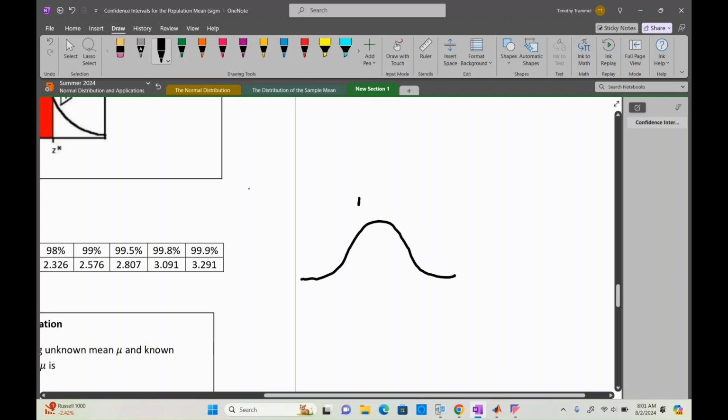So if I want to contain the middle 80% of the data, let's try to visualize that. I just want this to look a little bit neater. I guess that's good enough.